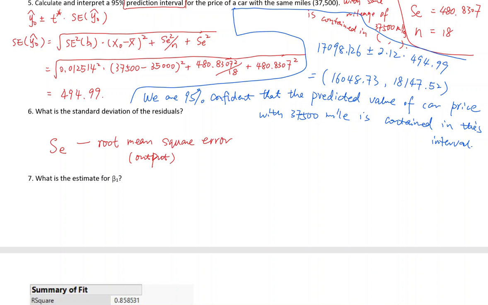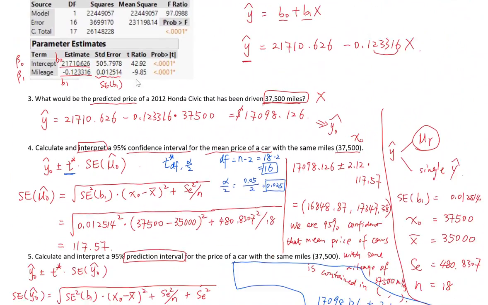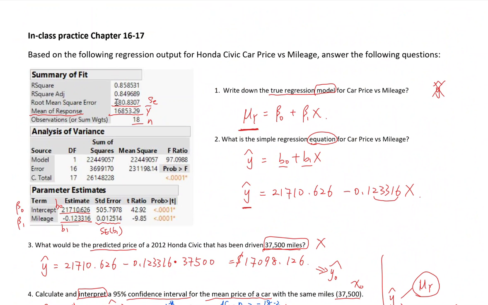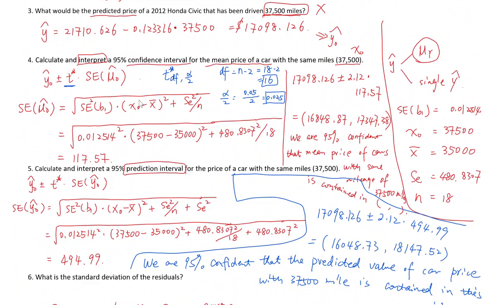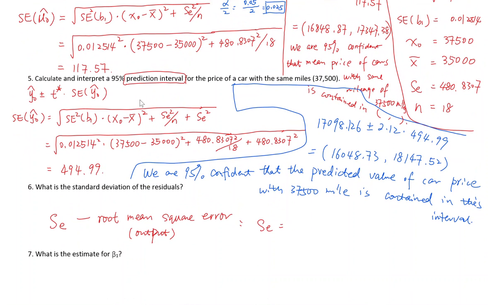So that means SE is what we just found in the last question, right? SE is just 480.8307. This is the answer, right?